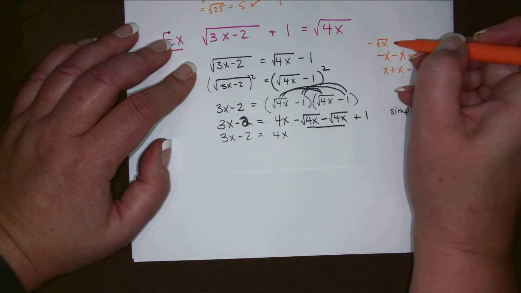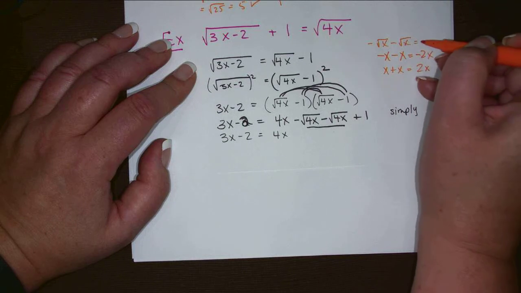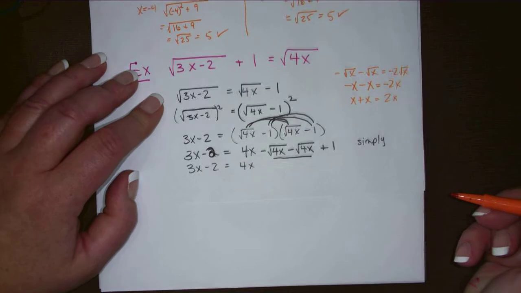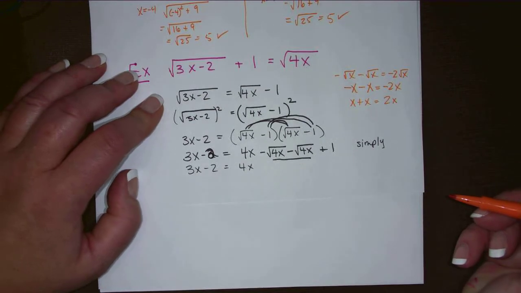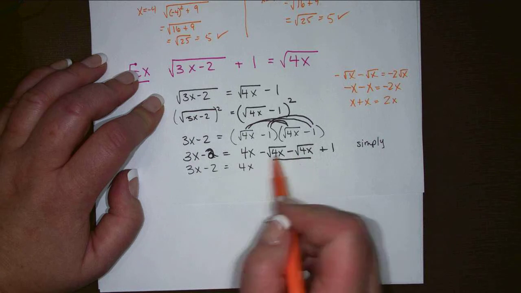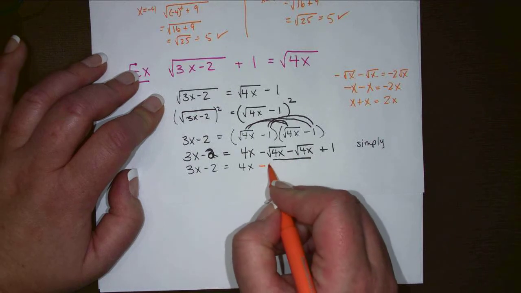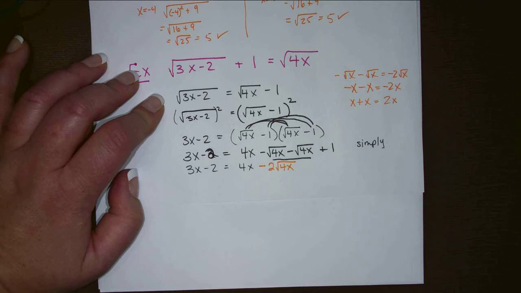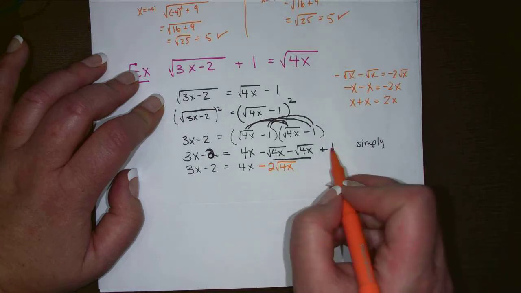That would be minus 2 root x. Oh, sorry. Right, if there's two of the same thing, they're both minus, so minus, what would this be? Minus 2 root 4x. Okay? And plus 1. All right.